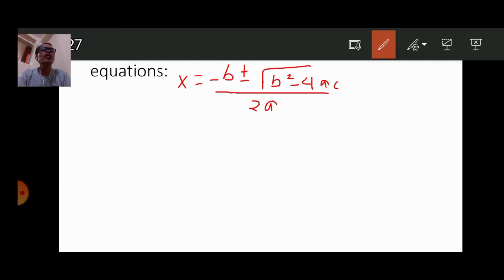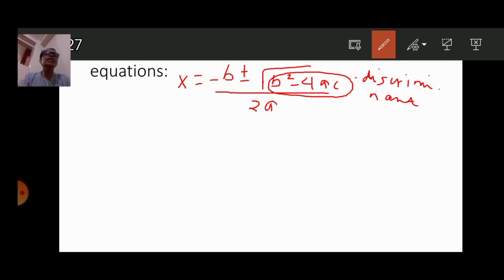This radicand, b squared minus 4ac, is what we call the discriminant.